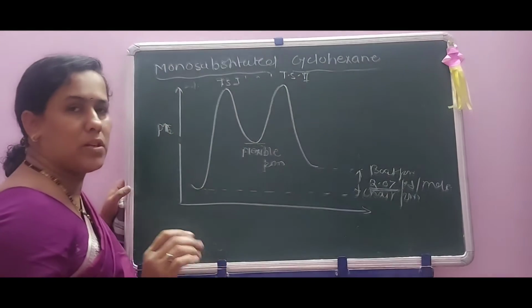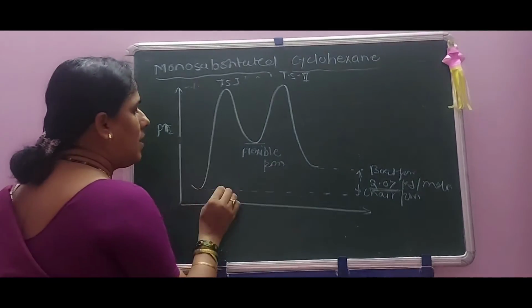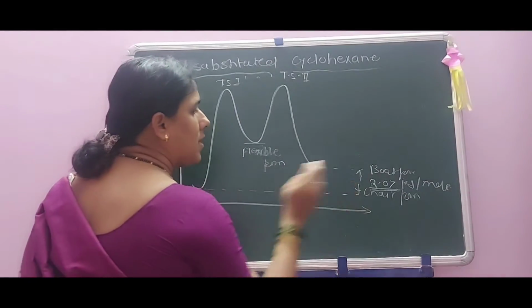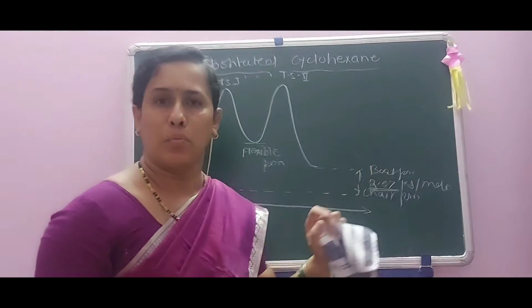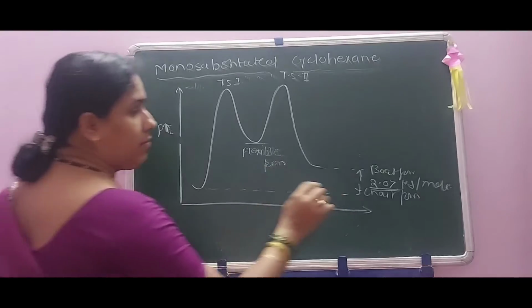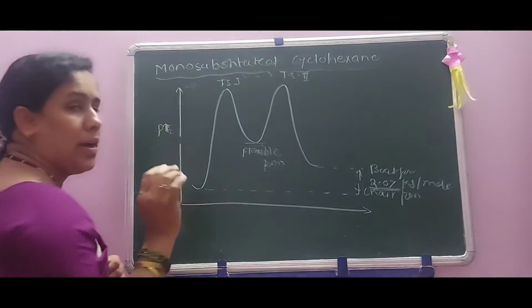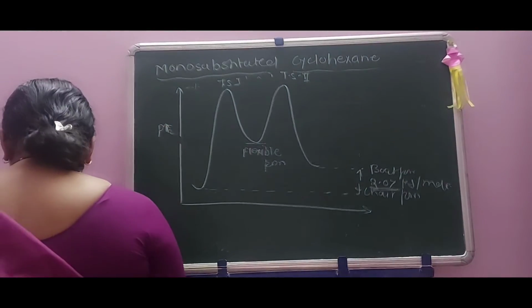At normal room temperature, what happens here? There is a dynamic equilibrium between the chair form of bromocyclohexane and the boat form of bromocyclohexane via a flexible boat.